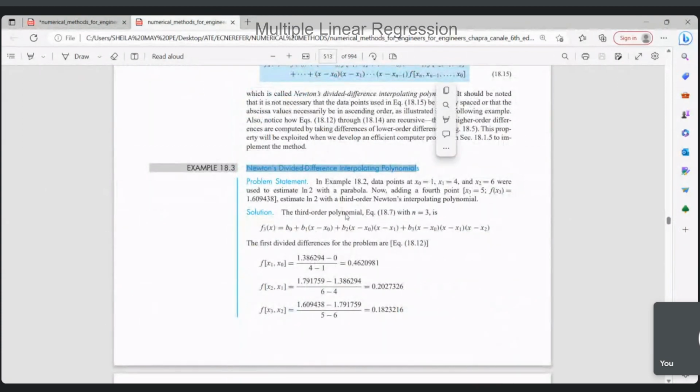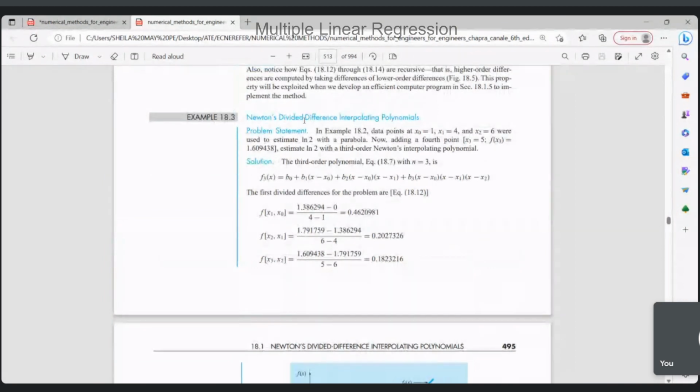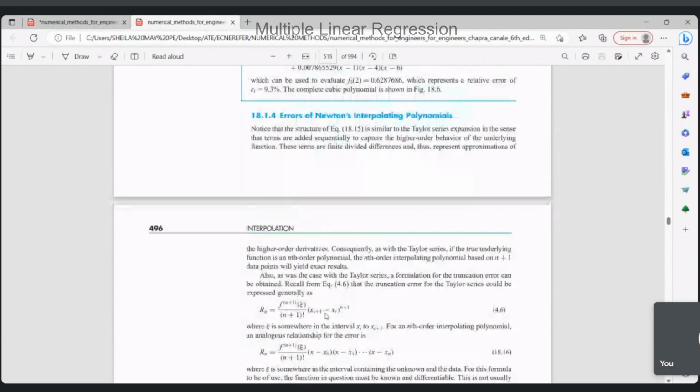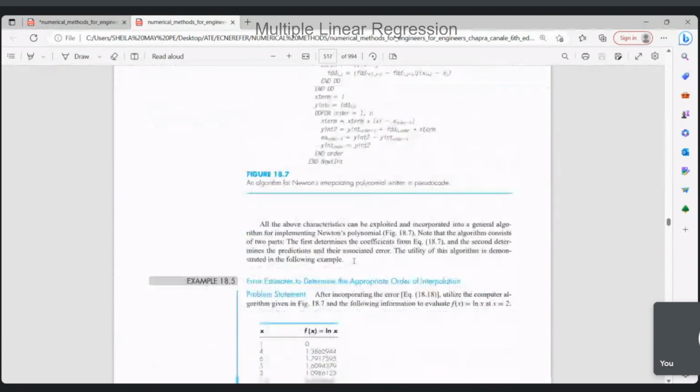Newton's divided difference interpolating polynomials. It's the same with the previous one. Katong ato lang gibag-o nga gisolve but na siya'y katong gamito na katong taas kayo nga formula. That's for the Newton's divided difference. Now, for the next, di na ko na siya apilon kay murag ubay-ubay na kaayo.